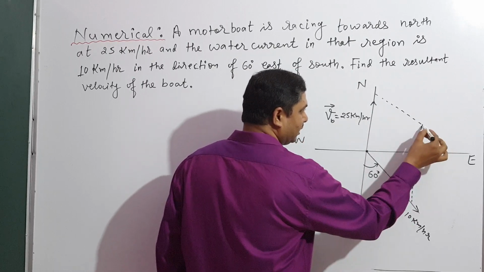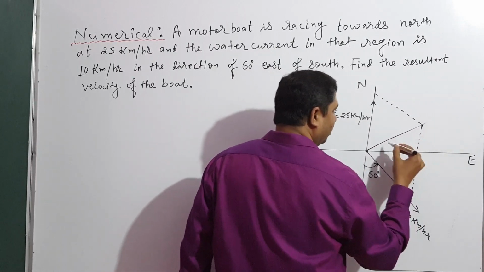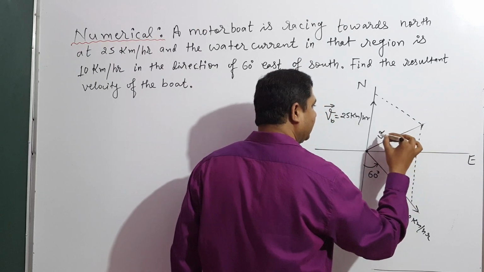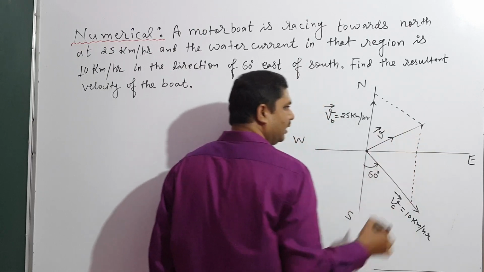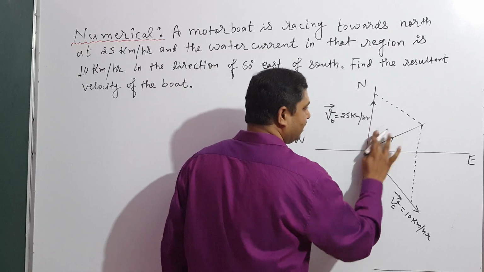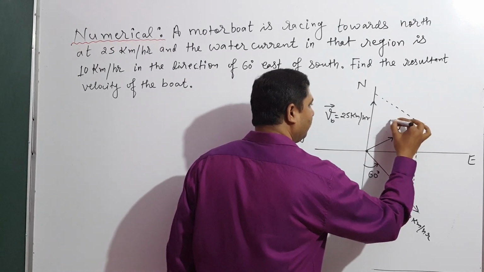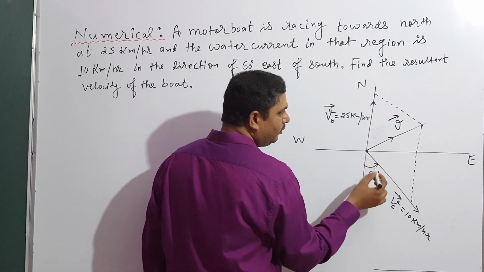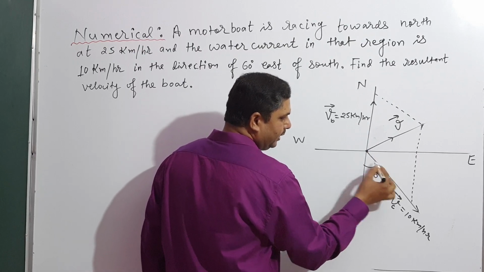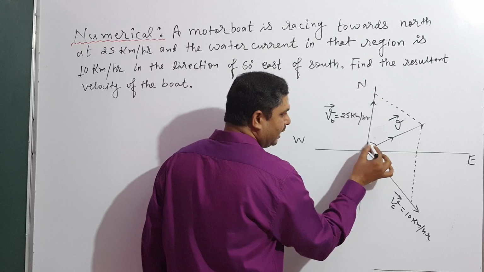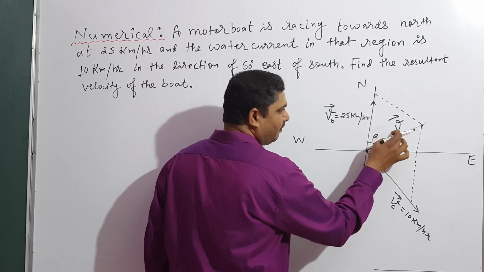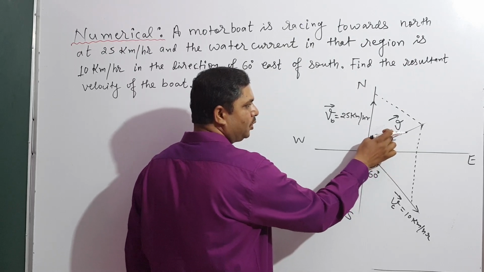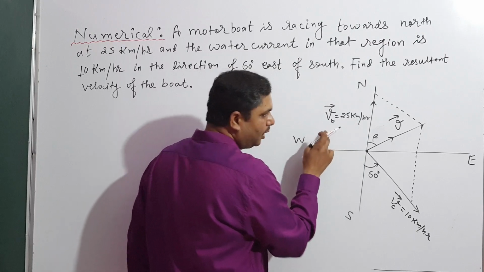Now join this diagonal. This is said to be V resultant, which you have to find. Now this angle is 60 degree, and this is the angle beta, the angle of resultant with respect to both.